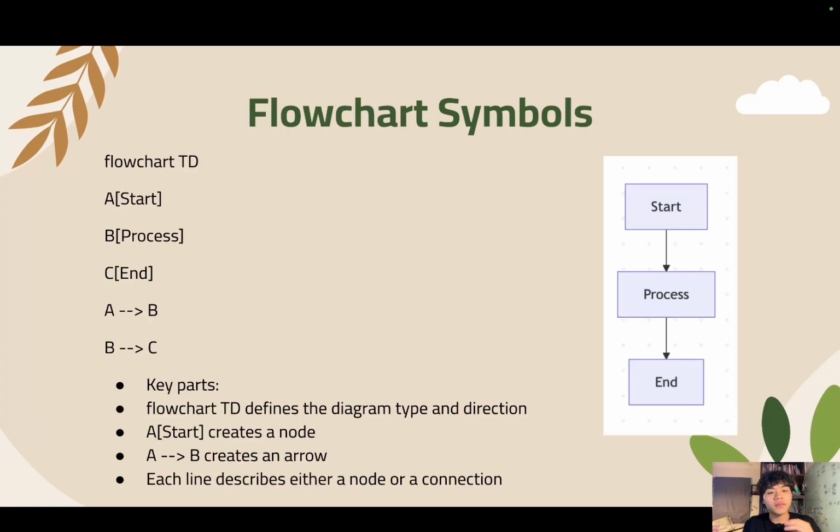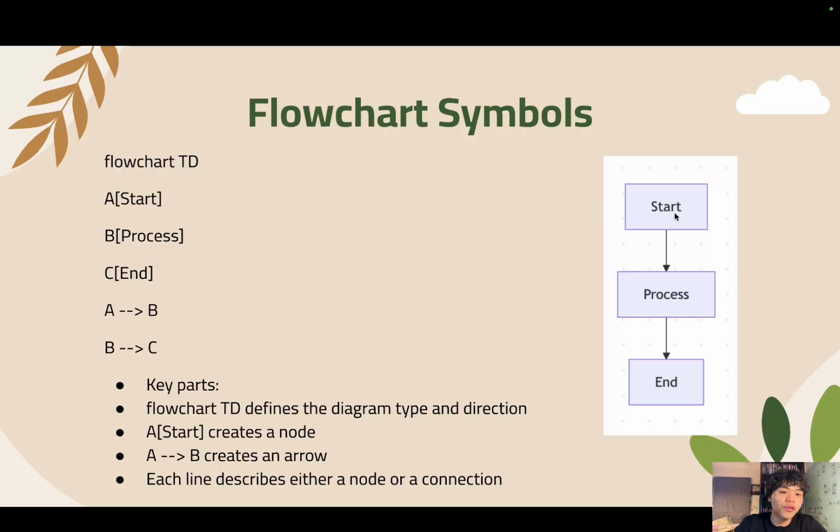It's a very simple flowchart that I just made. Every Mermaid Live Editor flowchart usually starts with the word flowchart, and in this case it's TD, meaning top down. So that basically means your flowchart runs from top to bottom. After that, we define the nodes.